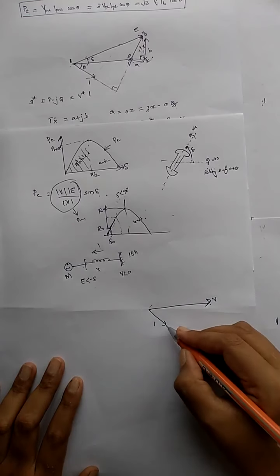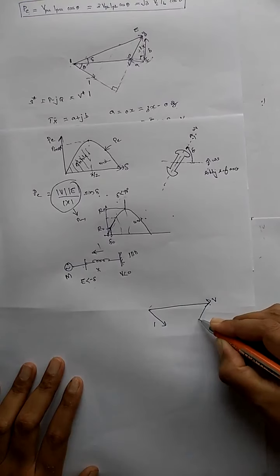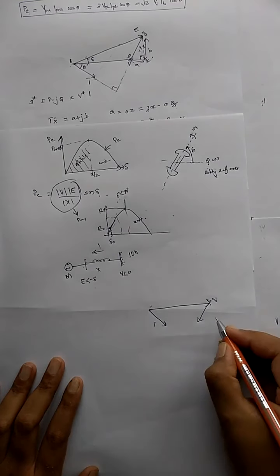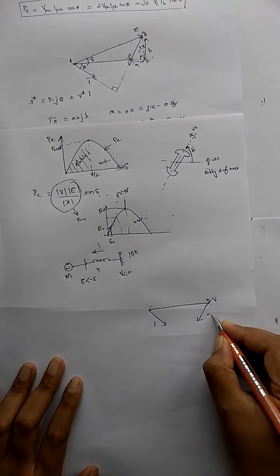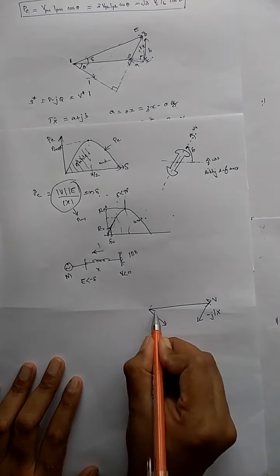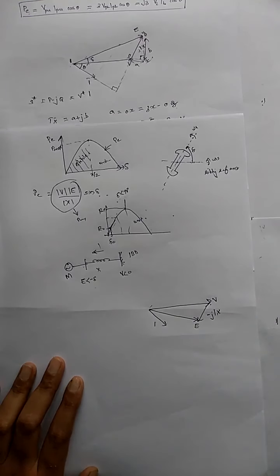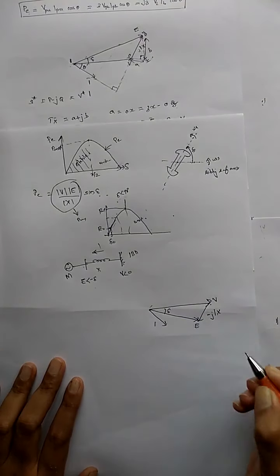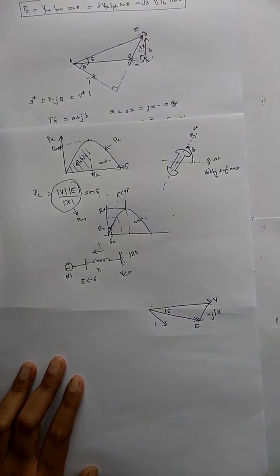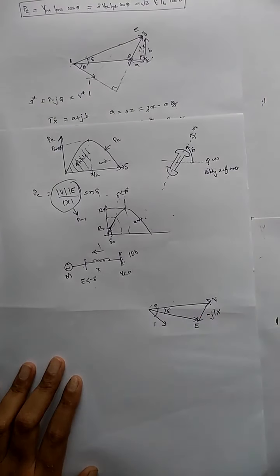So this is I into jX, and if it is minus, it will come in the opposite direction like this. The resultant is the value of E, the motor voltage across the motor, and this angle is my delta. I hope you understood. And the angle between V and I is theta itself.